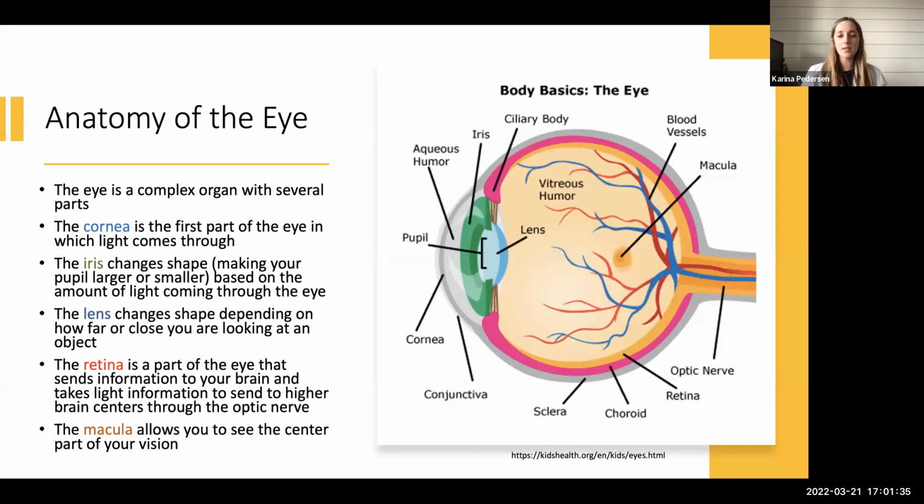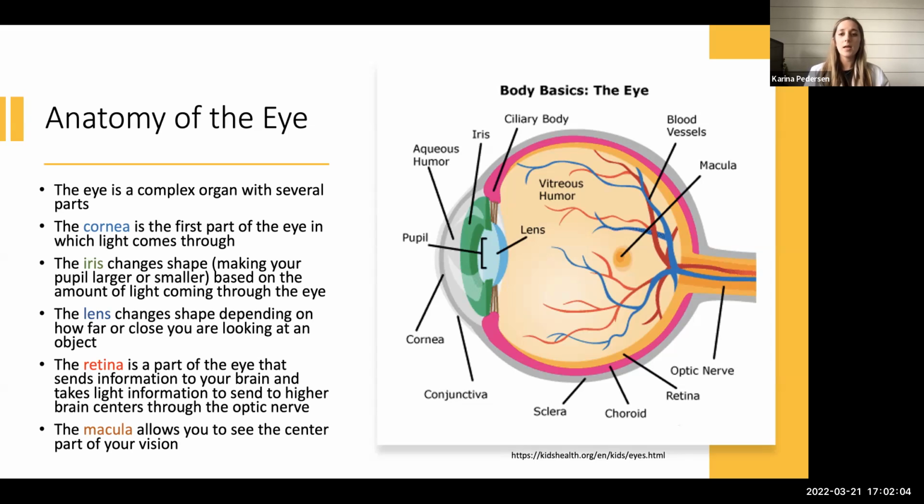To set a basis for the whole presentation, the anatomy of the eye can be quite confusing. So I just wanted to give a very basic overview of what the eye looks like so you can better understand some terms that I'm going to use later. First, the cornea is the first part of the eye through which the light comes. As you can see in the picture, it's on the very far left, labeled cornea in the bottom left corner.